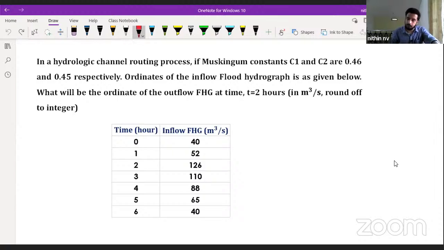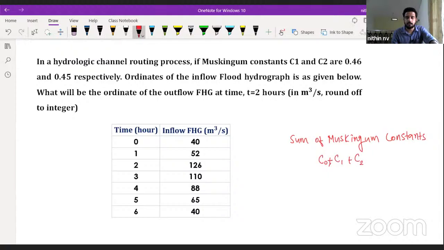Generally, what is very important for GATE examination is, first thing, whatever we have explained now, Muskingum method is matching with channel routing. Now the second thing, the sum of Muskingum constants. Can you tell me what will be the value of sum of Muskingum constants? There are 3 Muskingum constants. He has given it as C0, C1 and C2.